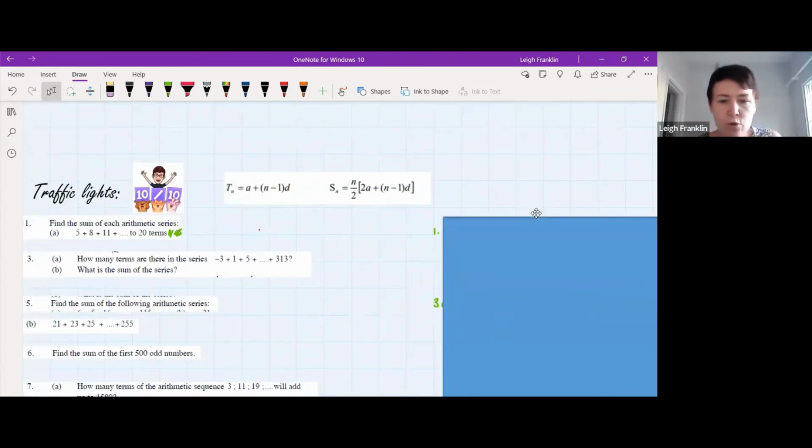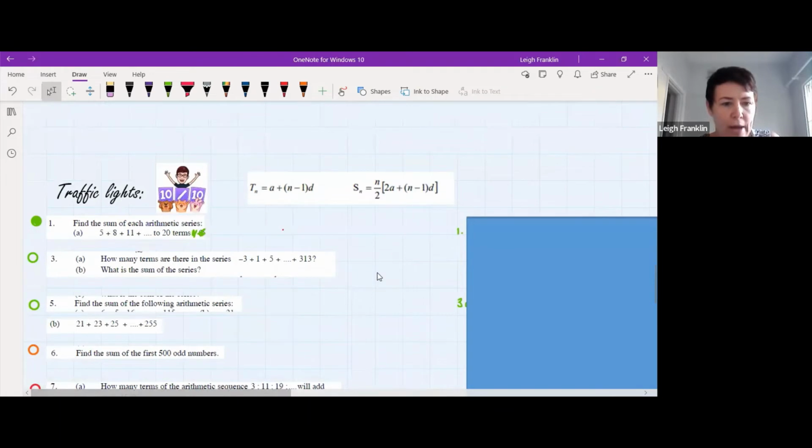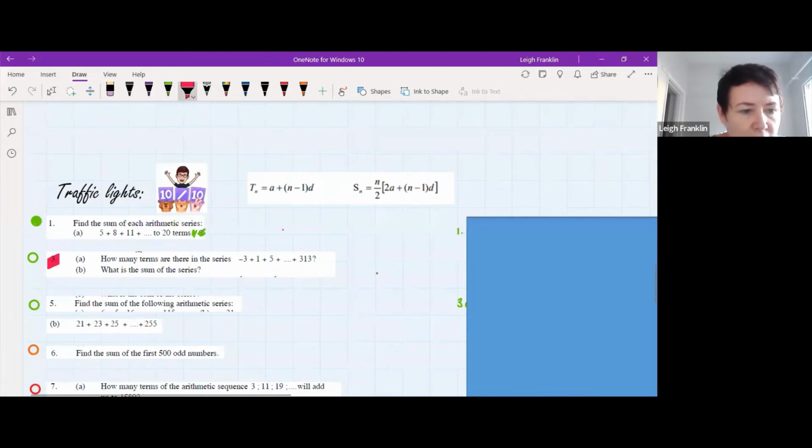Now you have a choice over here. Let's move this over to the left. Either you can do this question over here, or you can do this question over there. You don't have to do both, just one or the other.